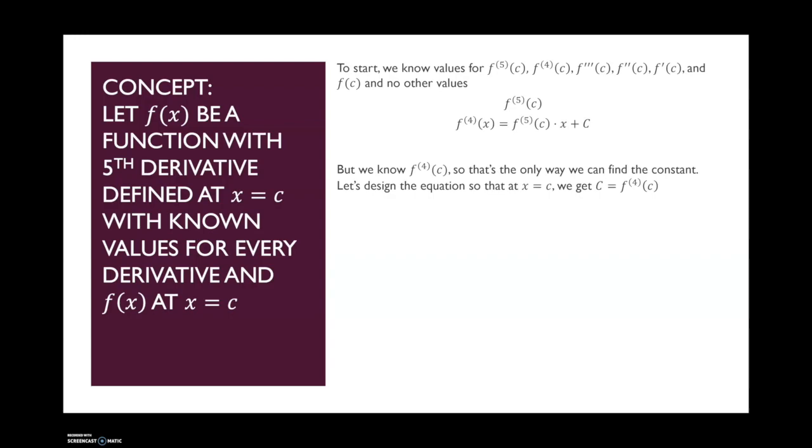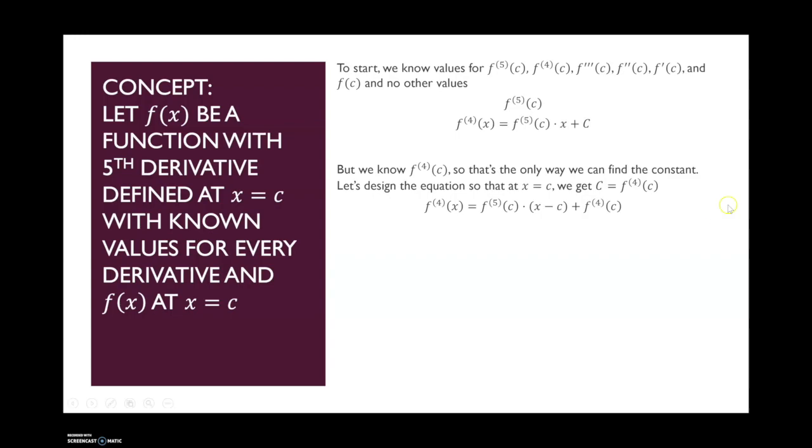So what Taylor came up with, he said, let's design the equation so that at x equals c, we get that our big C, that constant from the antiderivative, equals our fourth derivative value, the value that we know. And the fix to this was, putting more constants into the problem, either adding or subtracting them, is allowed when we take antiderivatives.